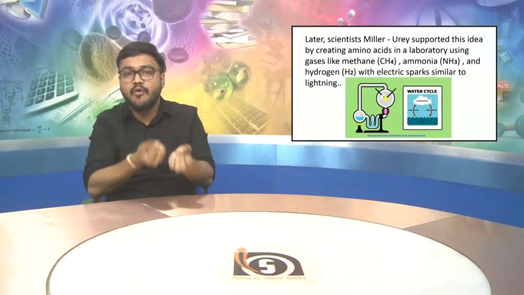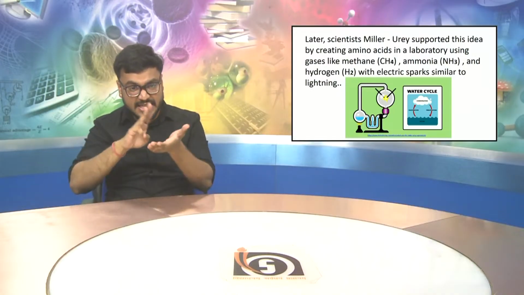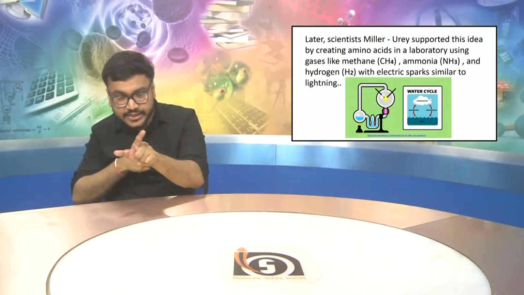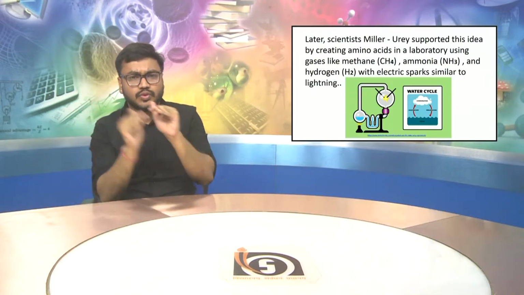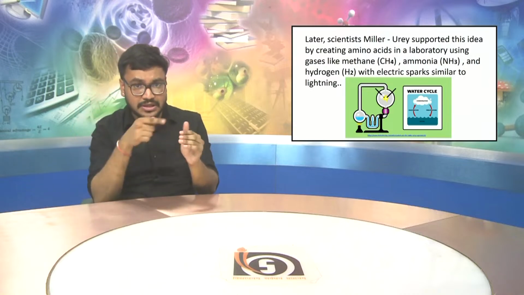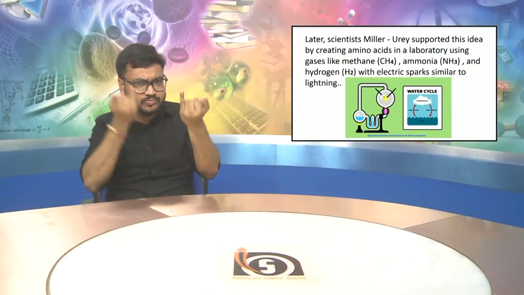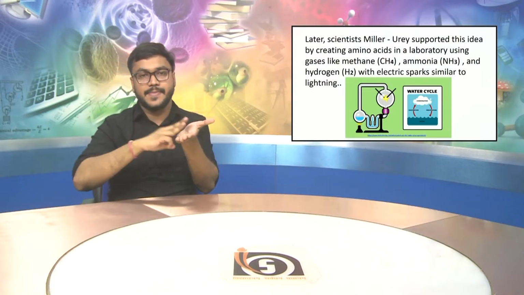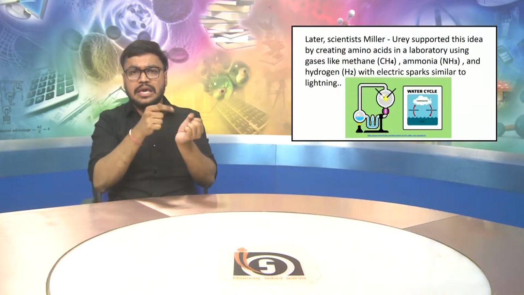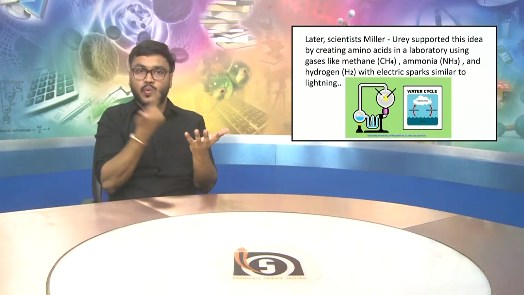Later, scientists Miller and Urey supported this idea by creating amino acids in a laboratory using gases like methane, ammonia, and hydrogen with electric sparks similar to lightning.